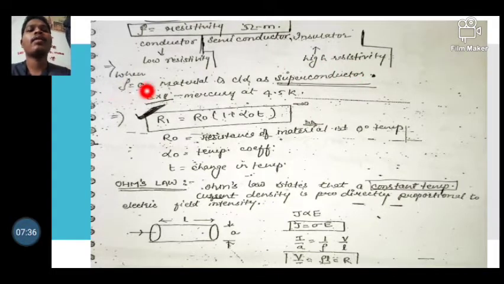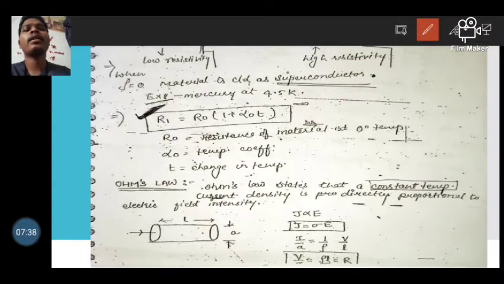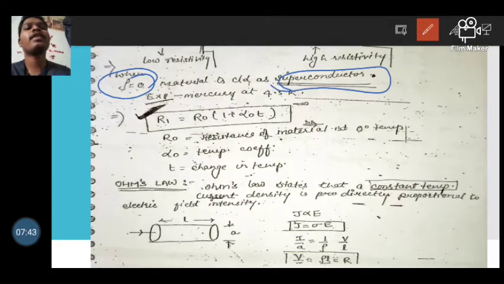When the resistivity is zero, the material is called a superconductor. That means there is no resistivity property, so it cannot resist any current, and that is why it is called a superconductor. For example, mercury is a superconductor at 4.5 Kelvin.